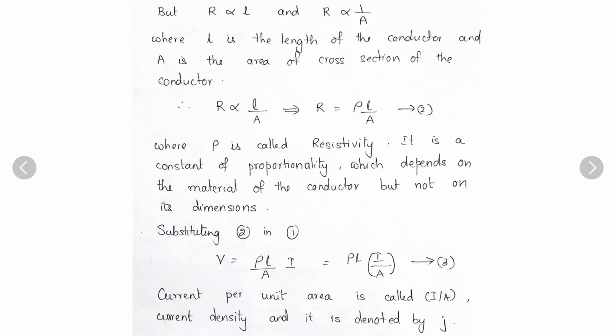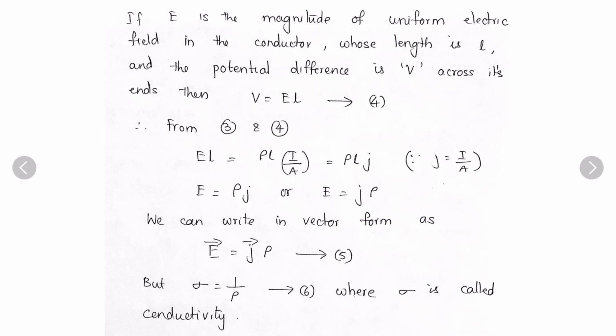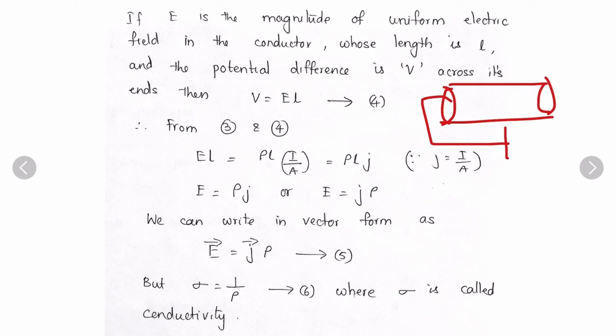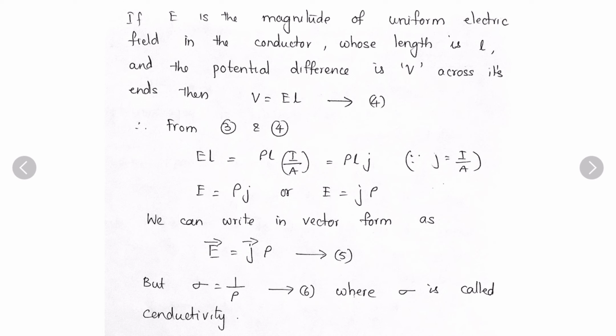Now let's further continue. If the conductor is like this, and we have given it a potential difference of V across its ends, and electric field is E, which is developed, that is uniform electric field in the conductor, and the length of the conductor is L. We have seen in the second chapter the relationship between V and E, that is potential and electric field.